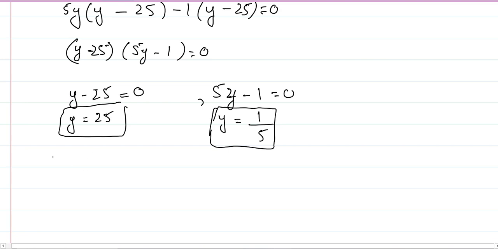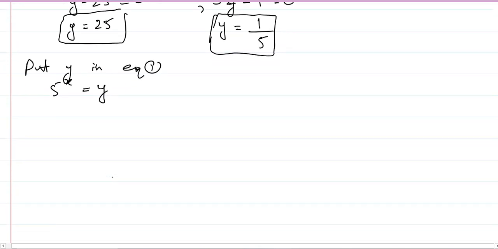We will plug this value into equation number 1, which was 5 raised to the power x is equal to y. Firstly we will put 25, so 5 raised to the power x is equal to 25.